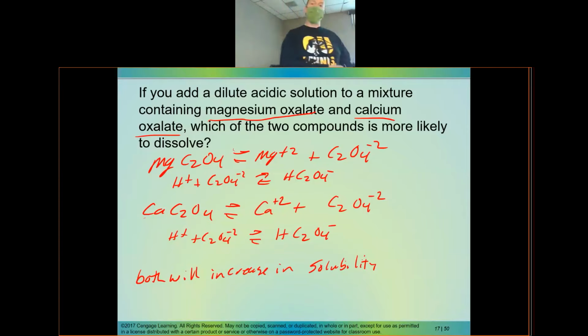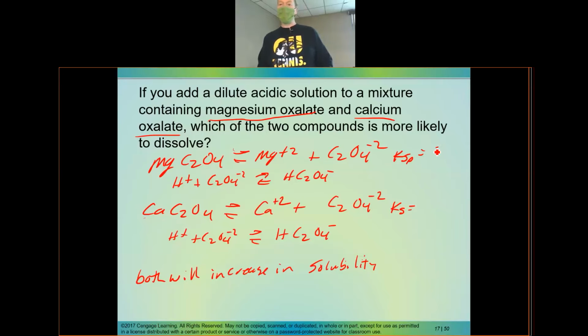We're pulling out the same amount of our C2O4 minus 2, making it more and more soluble. So one would not be more soluble than another because of the acid being added. You would have to find the KSP.